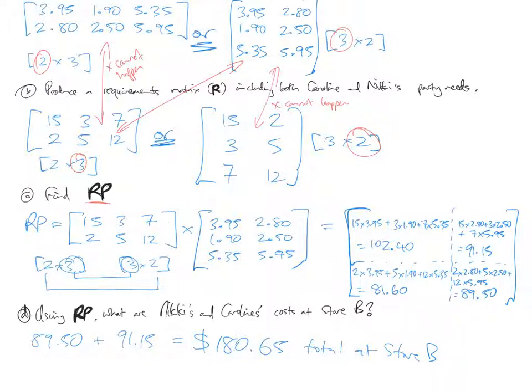This row times by this column is going to tell you Caroline's total cost at shop A. This row times by this column is going to tell you Caroline's total costs at shop B. This line times by this column is going to tell you Nikki's total costs at shop A. And lastly, this line times by this column is going to tell you Nikki's total costs at shop B.